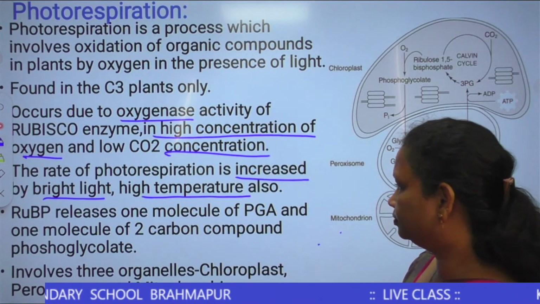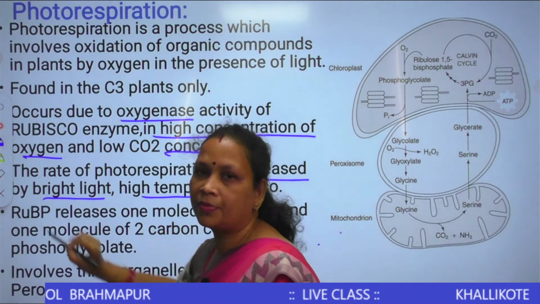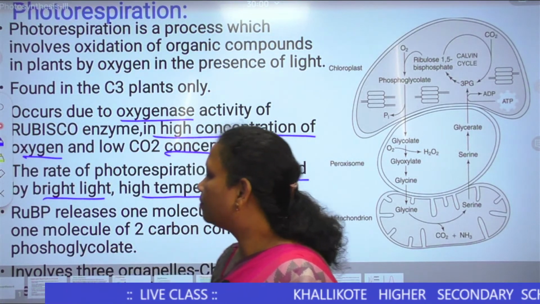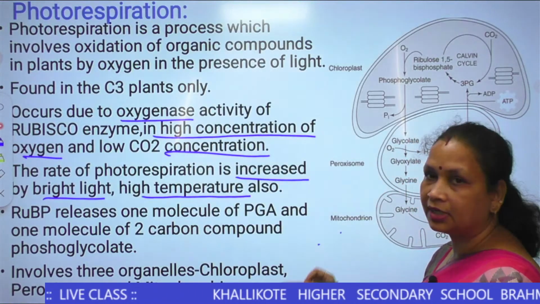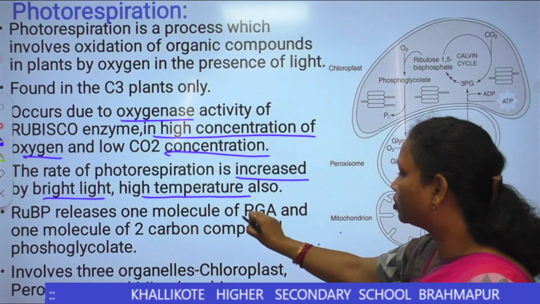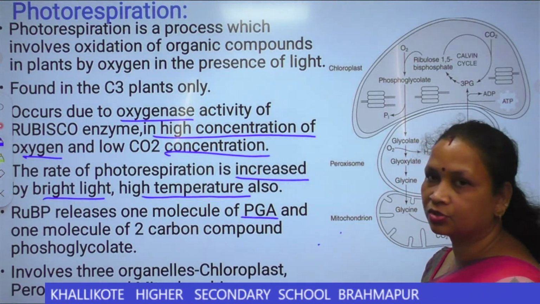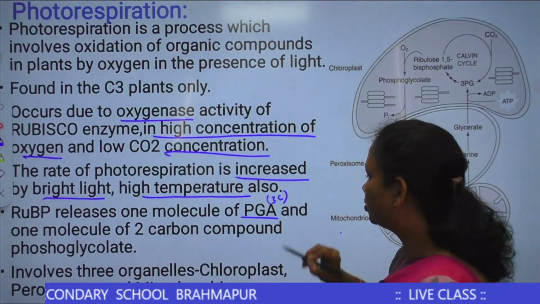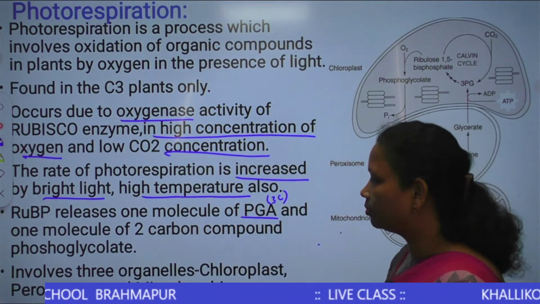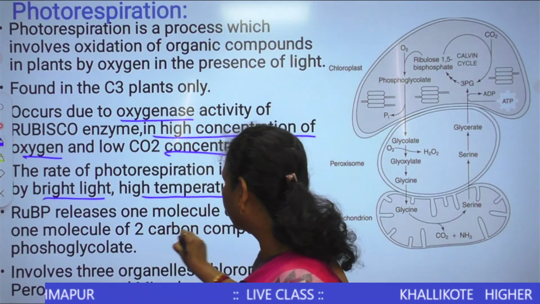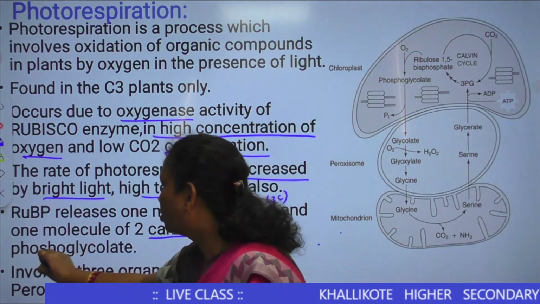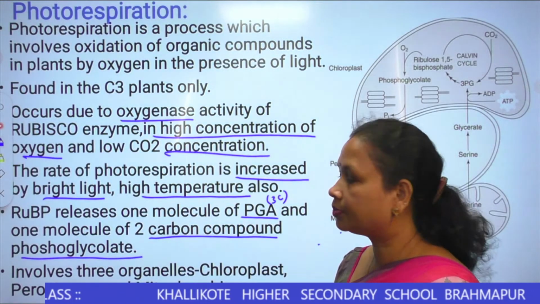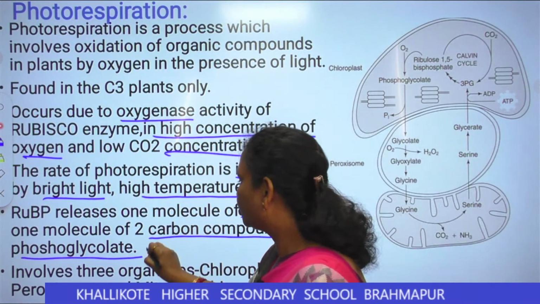When Rubisco becomes an oxygenase enzyme, it combines with RUBP and releases one molecule of phosphoglyceric acid, a 3-carbon compound, and one molecule of 2-carbon phosphoglycolate.